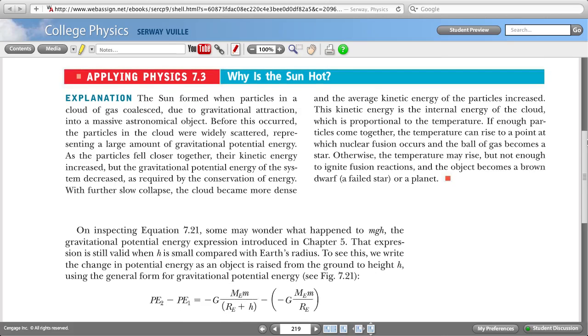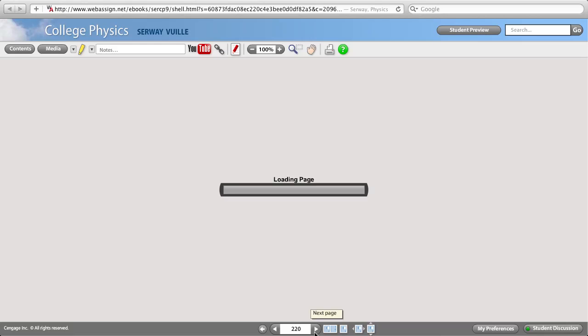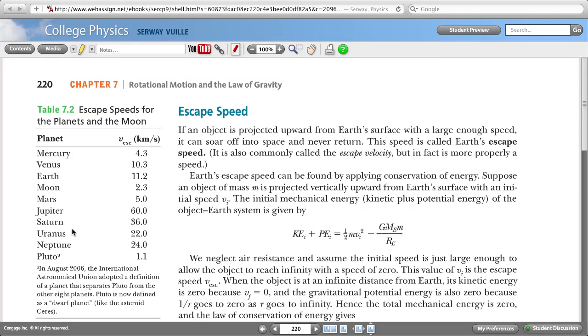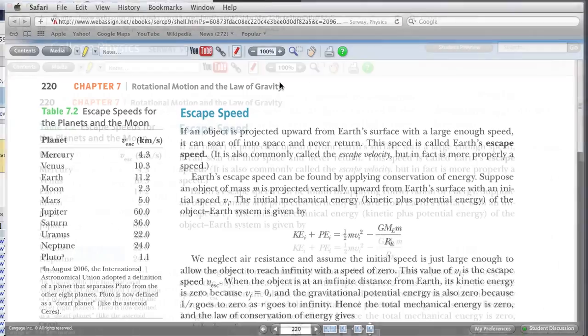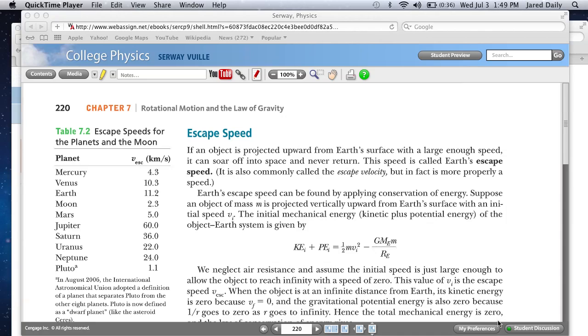I love this question. Why is the sun hot? Because there's this great song from the 50s or 60s that was redone in the 90s. Oh no, I got a... Nice. Gotta turn off that thing, I guess.